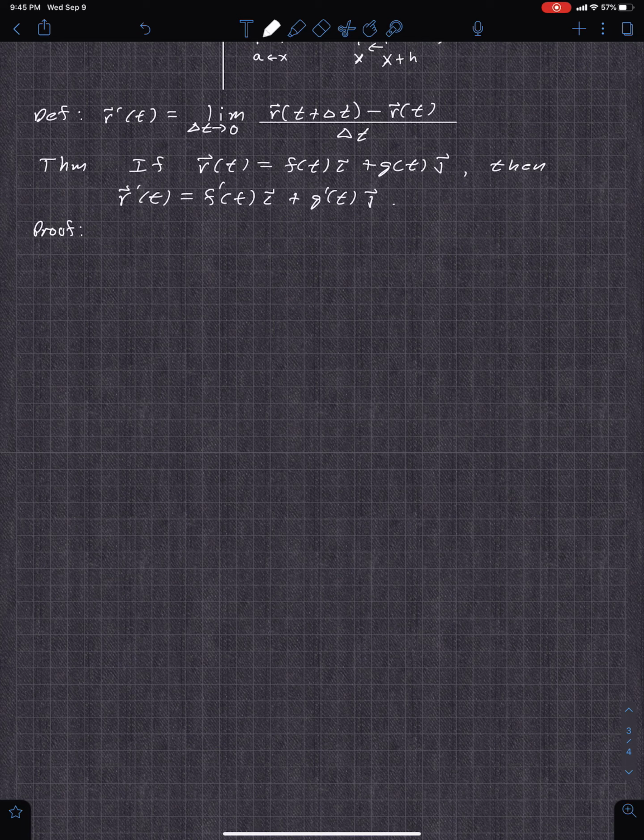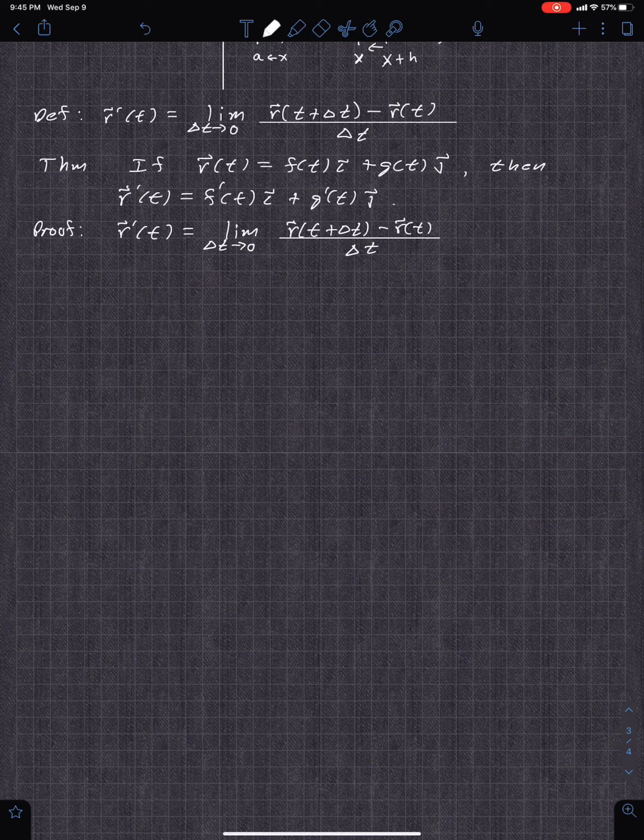So we're going to now basically put in what r prime of t looks like. r prime of t is equal to the limit, by definition, as delta t approaches 0 of r of t plus delta t minus r of t all over delta t.